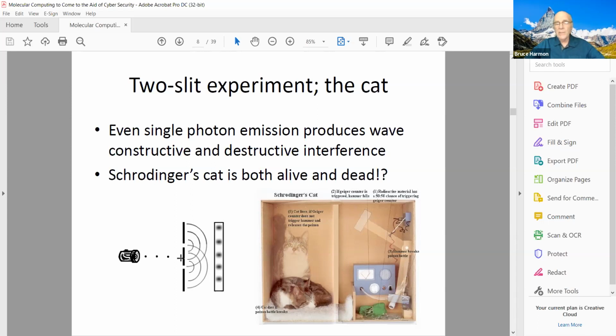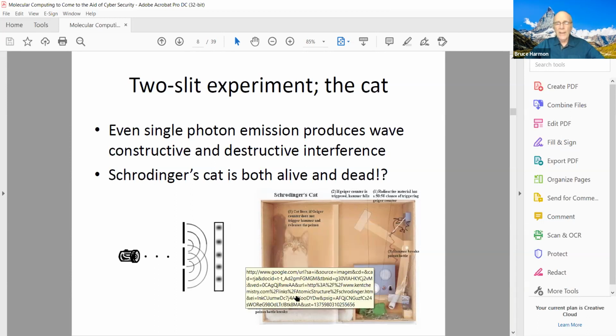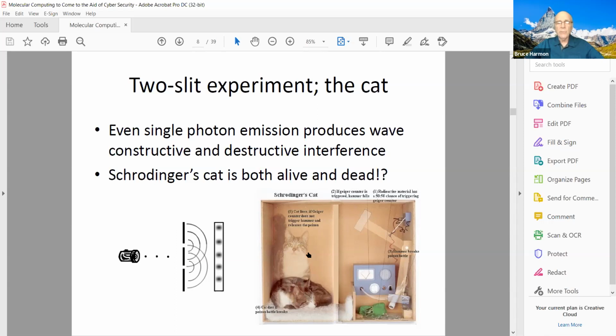So if this is the case, that it's actually superimposed, that it's in both places at once, then which one is it going through? So a thought experiment would be, suppose one of these could lead directly into this chamber with a cat inside and trigger a Geiger counter that would then trigger poison and kill the cat, while the other one, if it was going through the other slot, would miss the Geiger counter and the cat would be alive. So it's superimposed. It's both alive and it's dead.